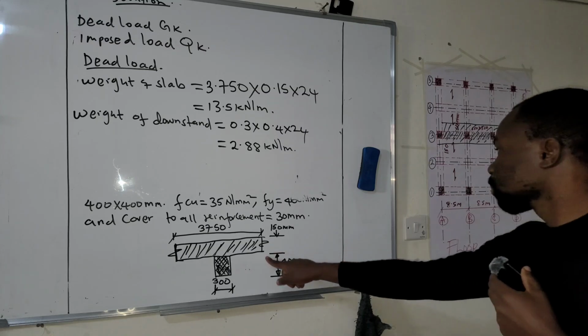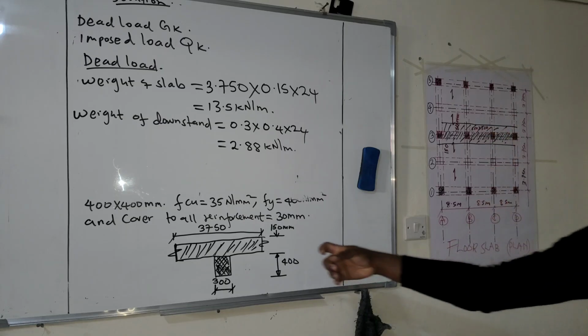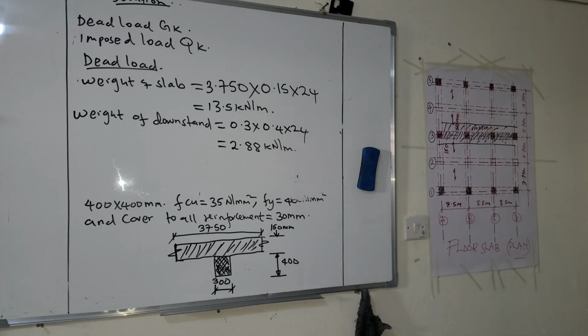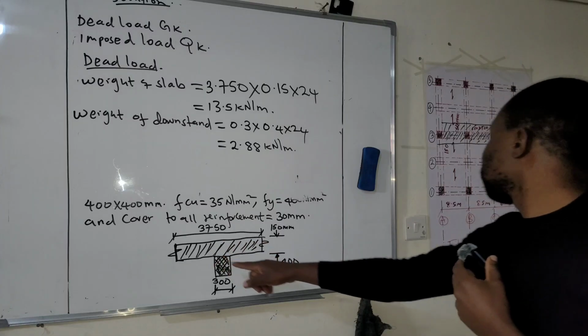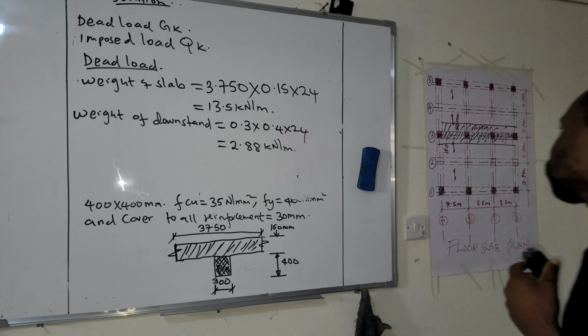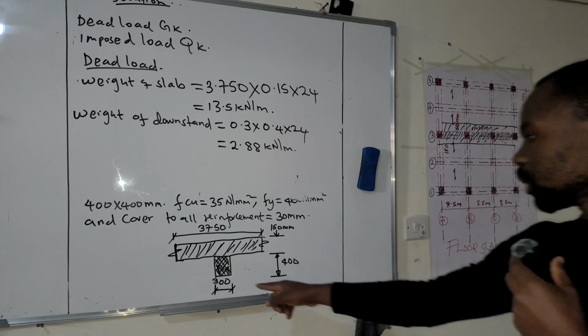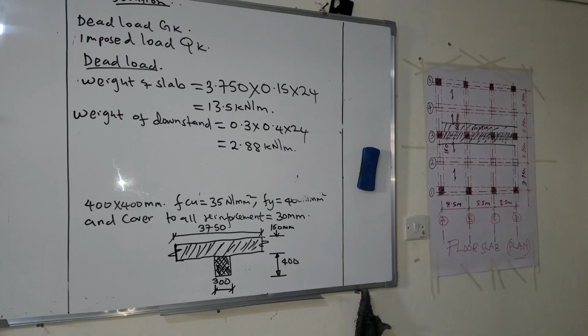So this is a section cut across this beam. So this is what you will see. So this 550 times 300 is the dimension of this section. As you can see, 550 is the h, the overall height, which is 150 plus 400. And then 300 is the width of the beam. So let's continue.